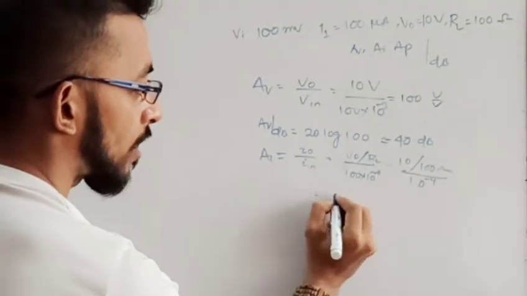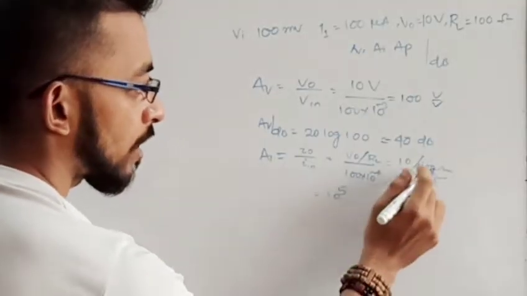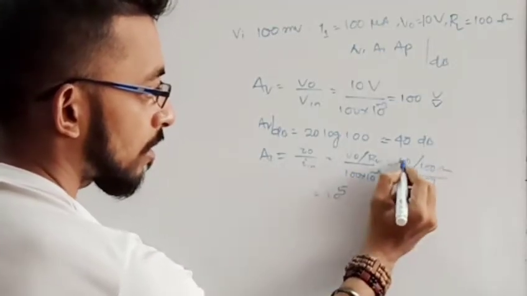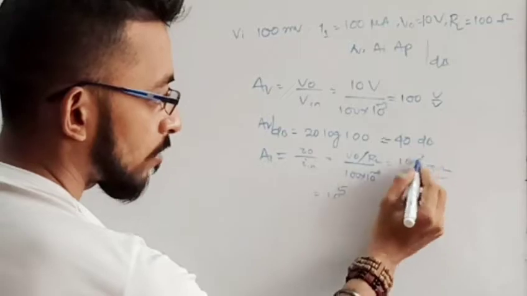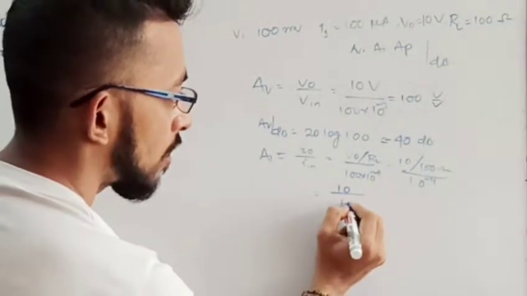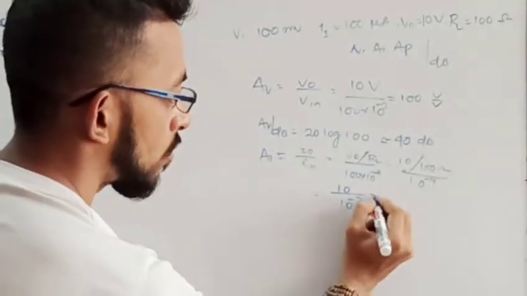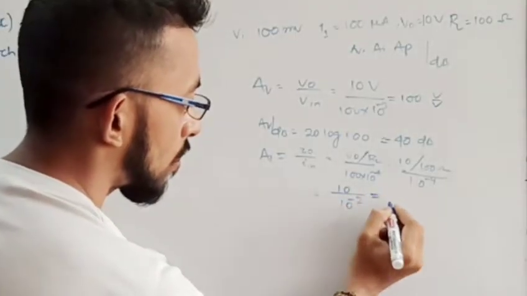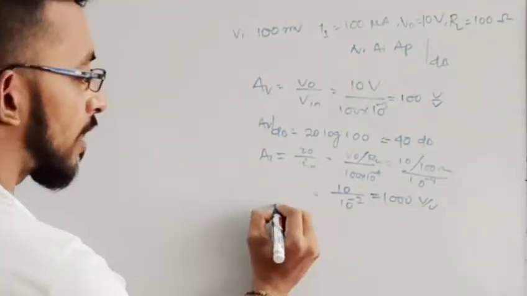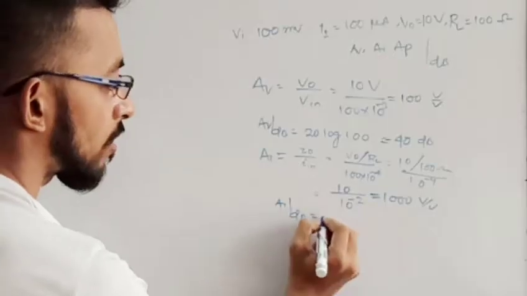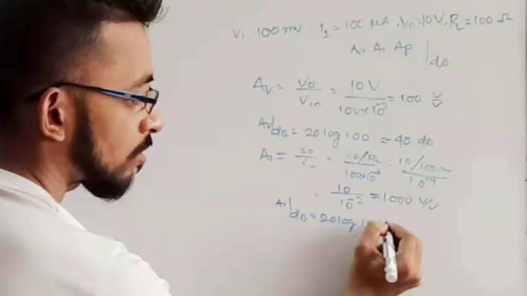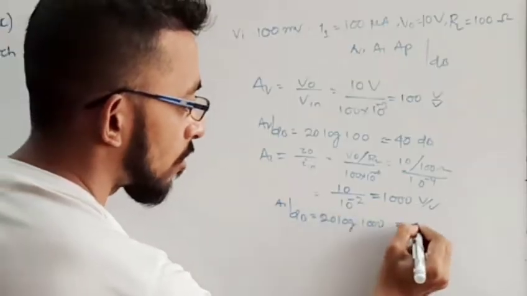So it becomes 10 upon 10 power minus 2, which moves to 10 power 3, that is 1000 ampere per ampere. And in dB the value is 20 log 1000. So 1000 means 10 power 3, and the 3 moves to the front, so it becomes 60 dB.